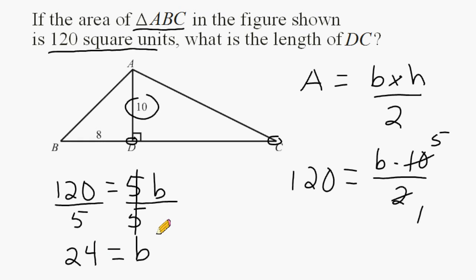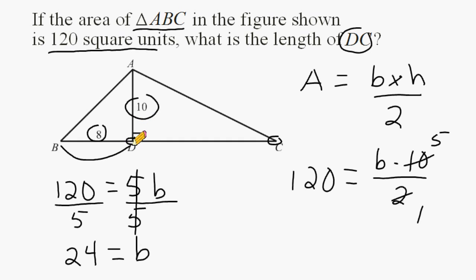But we should understand that 24 is actually not the answer. The base of triangle ABC is 24, and the base of triangle ABC is actually from point B all the way to point C. And if you notice, they just want us to find the length of DC, which is part of that base. Well, right here, we can see that from here to here, we have a distance of 8.